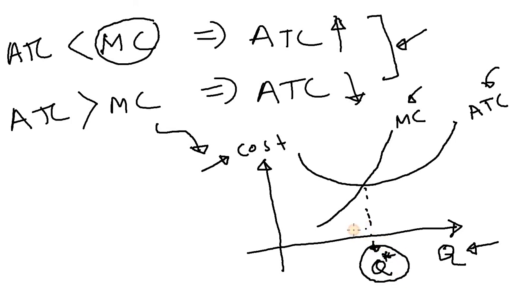On the left side of Q star, as you can see, the marginal cost is low. So the marginal cost is less than the average total cost. As you can see, the average total cost is higher. Please remember, this is the average total cost. It is greater than the marginal cost.